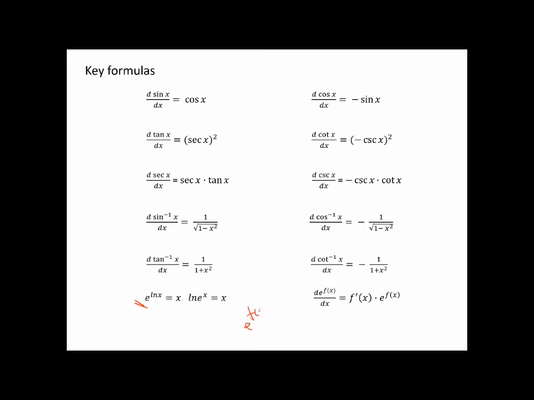The derivative of e to the f(x) equals f'(x), the derivative of the function about x, multiplied by e to the f(x), which you simply copy. We're going to see an example later, but for now, you should know this formula.